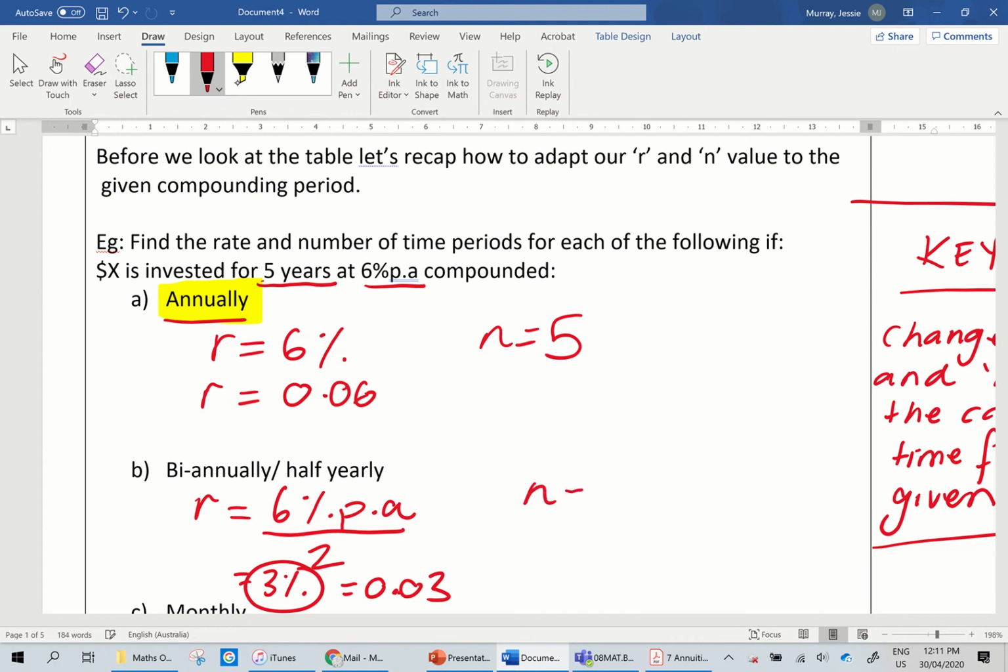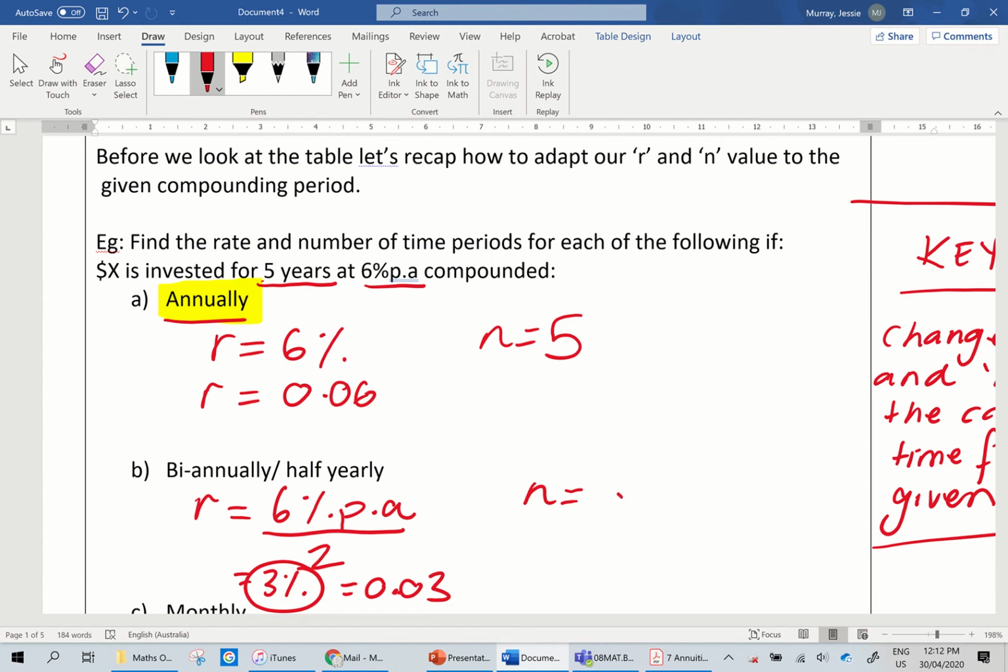My number of time periods. Well, think about this. The bank comes into this savings account every half a year. And they look at your savings account and then they give you and they charge you interest, or you earn interest. So if they're doing that for 5 years and they do it every half a year for 5 years, think about how many times in total they're going to be doing that.